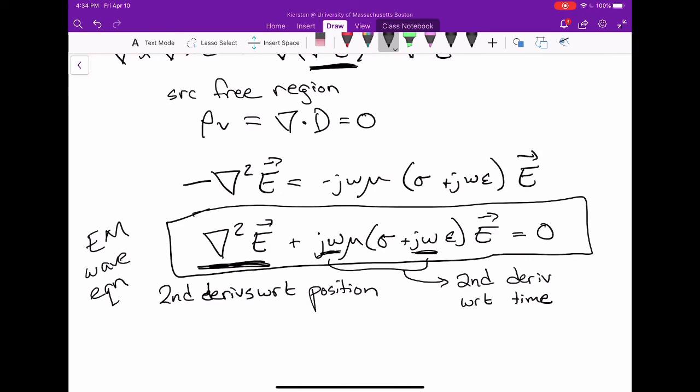You can do the same thing starting with Ampere's law instead of starting with Faraday's law, and you get the same result except with E replaced by H. So you can write the same equation for H like this. That's also fine.